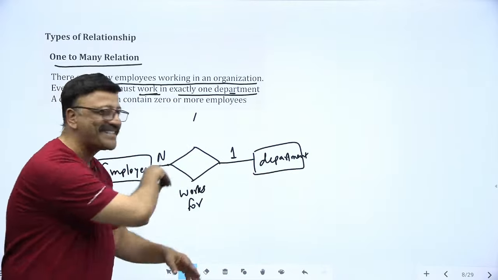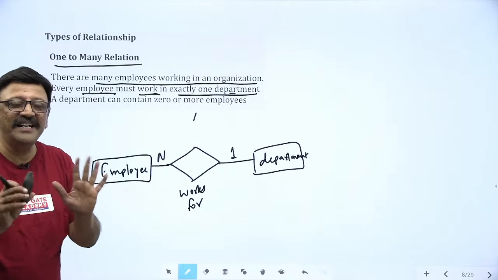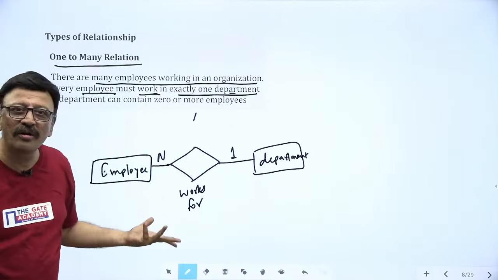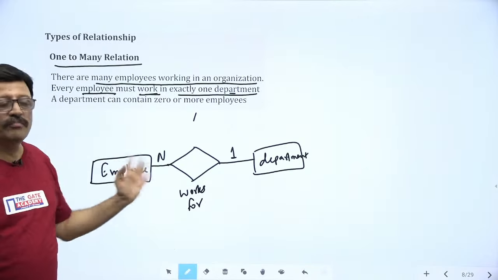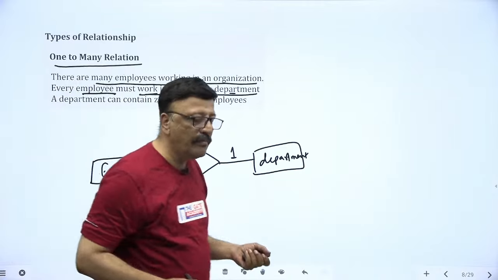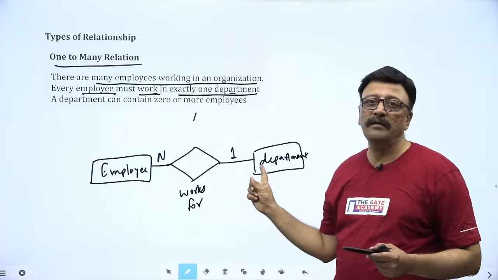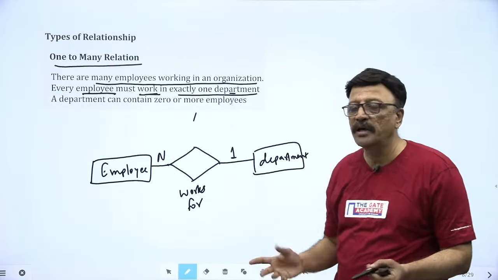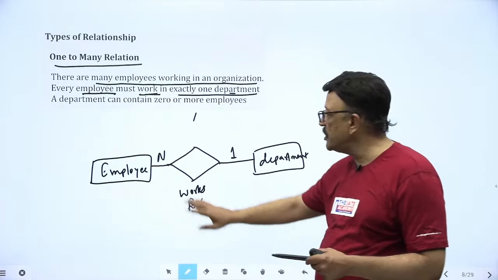What if I flip this? Is the show going to change? Is anything going to change conceptually? No. If you look at it from that side, it is one to many; from this side, many to one. It doesn't make any difference as long as you write these numbers properly. What was the other method in which you can show this?